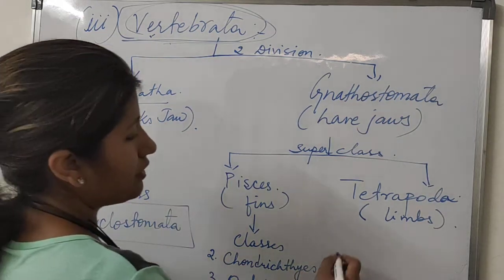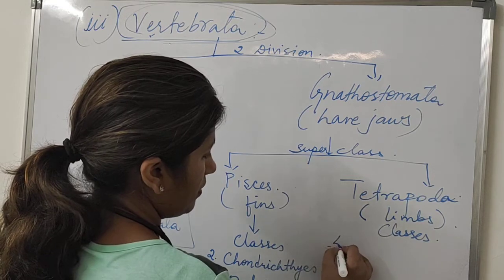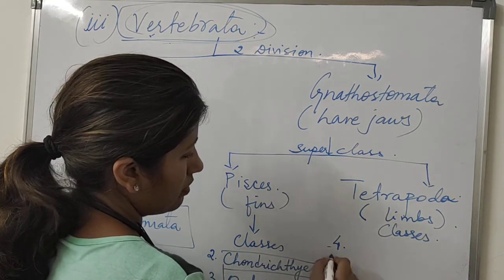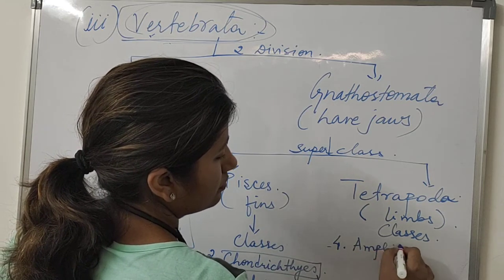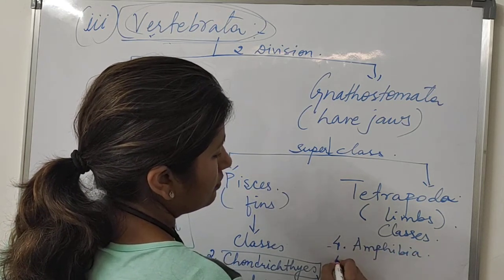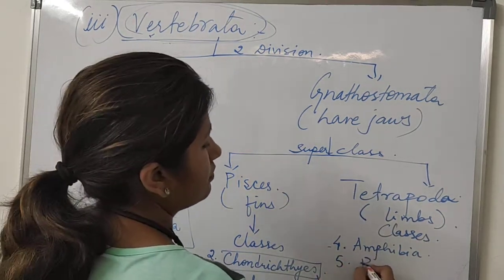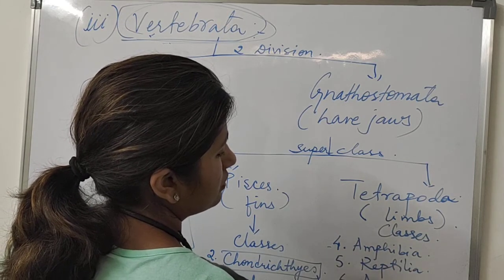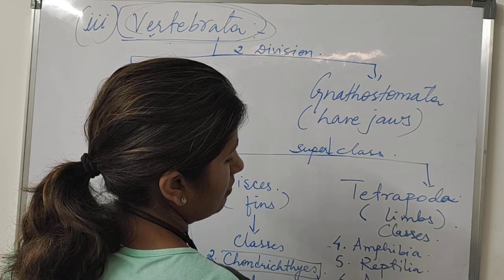Alright. Under Tetrapoda we have several classes again, which we will consider class number 4. That is Amphibia. Okay, Reptilia, Aves, and Mammals.